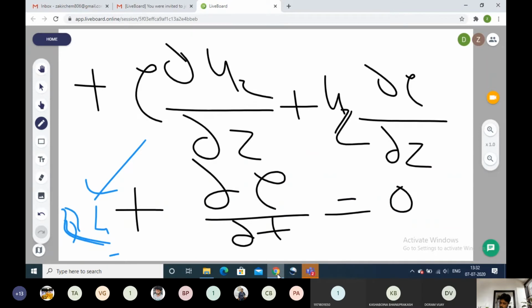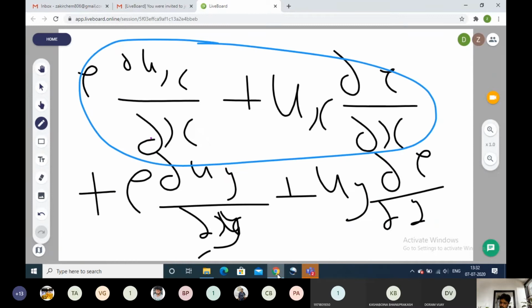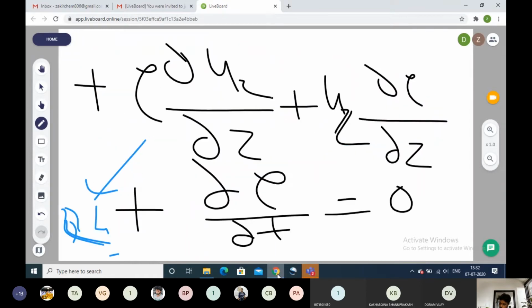Now we simplify this equation just by separating all the density variables. You can see there is a density term here in the x component, one density term in the y component, and one density term in the z component. So we can take the density outside and take it common.